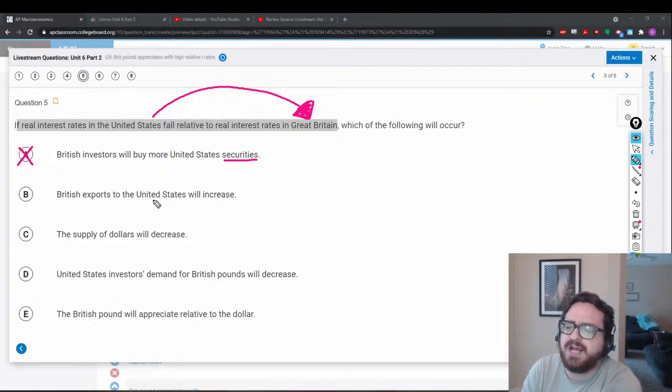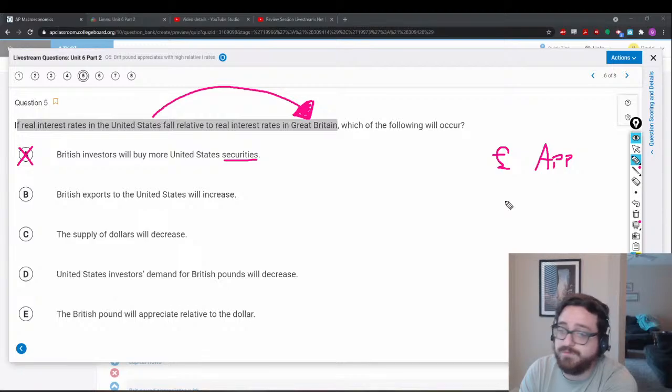Second, British exports to the U.S. will increase. Well, if we are trying to invest in Britain, the pound should be appreciating because we want to invest there, which we mentioned in the last four questions, and that makes it harder for you to export.